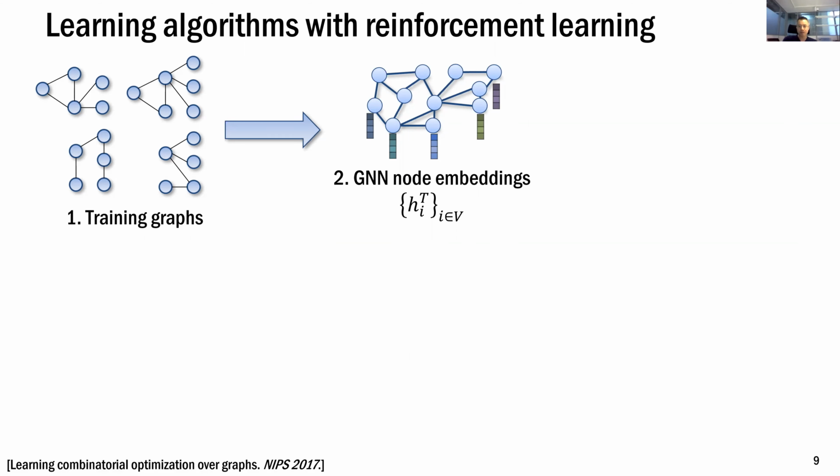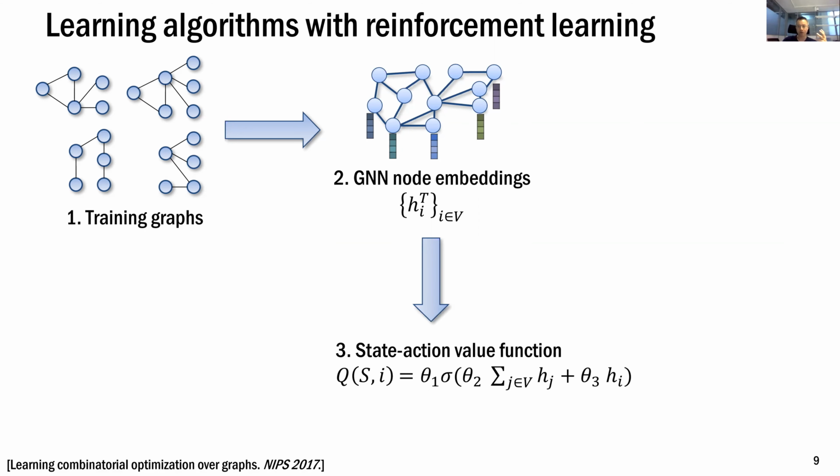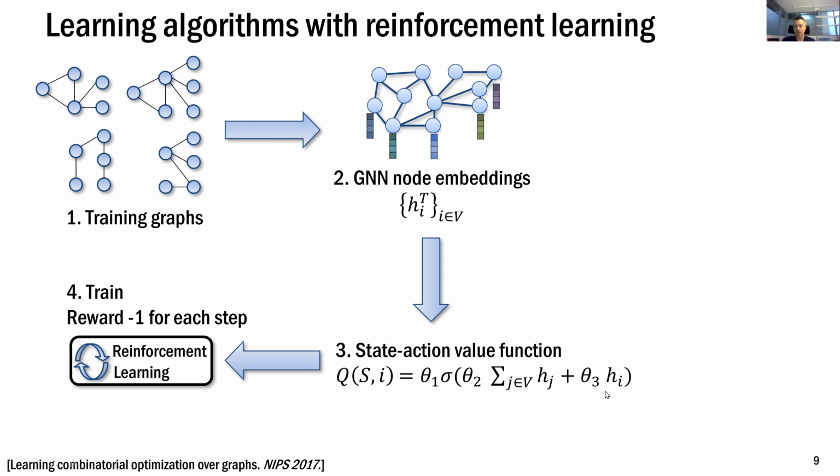Once you have that, you can use that vector embedding to define the action value function. Given the current graph and given the embedding of a particular node, you're able to define this action value function by introducing some additional parameters such as theta1, theta2, theta3 here. Then you can use the reward of -1 and do it like DQN.